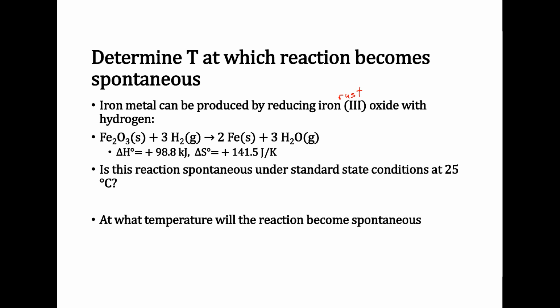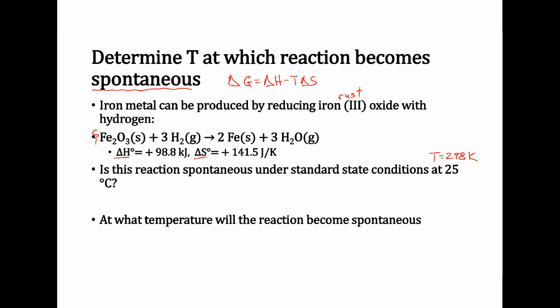Okay, so whenever we are reading through this, we see this keyword spontaneity or spontaneous, so we know that delta G is equal to delta H minus T delta S. And then we're given a balanced chemical reaction here, and we're given delta H and delta S of this reaction. So is this reaction spontaneous under standard state conditions? And recall for thermodynamic systems that for standard state temperature is 25 degrees Celsius or 298 K.